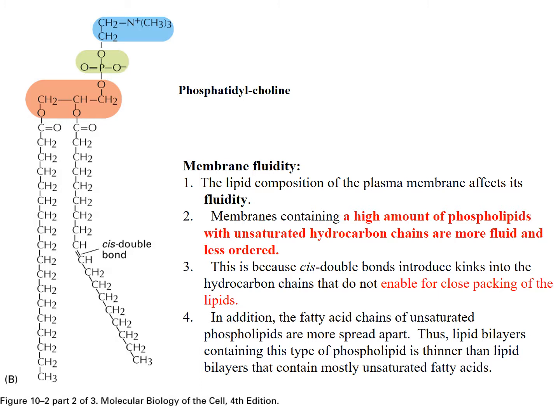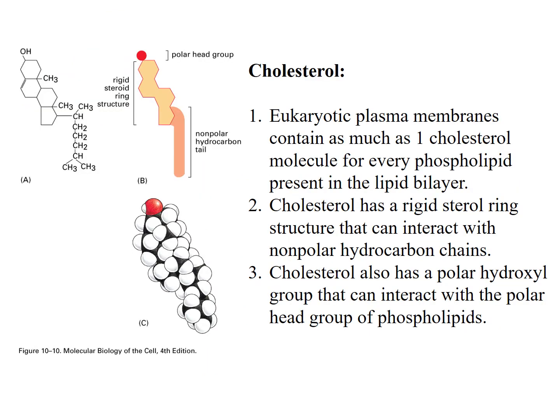And so they're more spread apart. Lipids containing this type of phospholipid is thinner than most unsaturated. So there can be some different structural characteristics depending on the phospholipids.